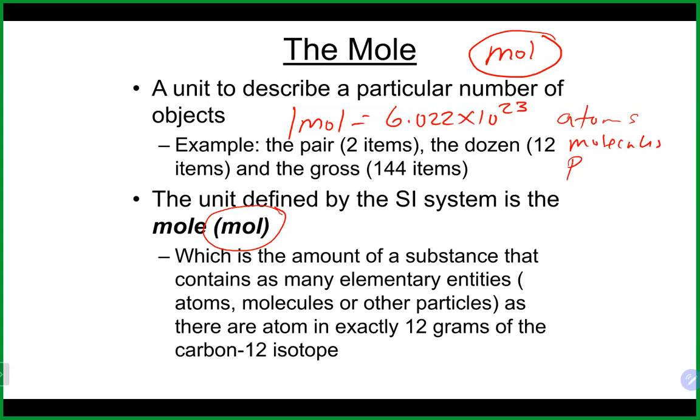They could be particles. They could be pizzas. They could be shoes, whatever they may be. Probably most often in chemistry, without the occasional pizza that pops up, atoms and molecules are most likely the most common unit that you'll use. And the units that go with that number are interchangeable.